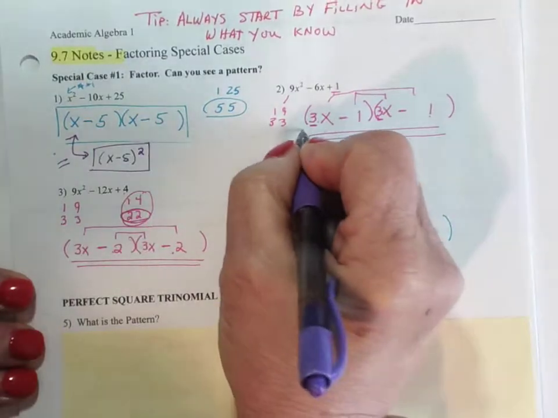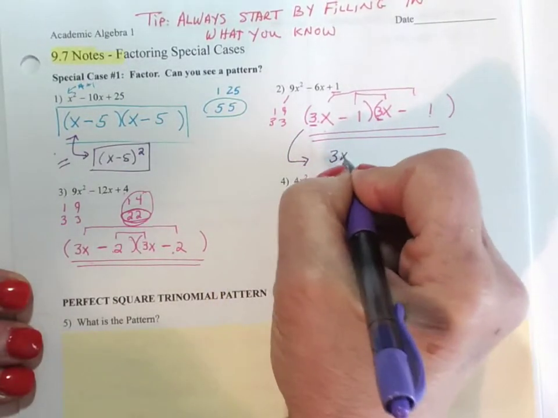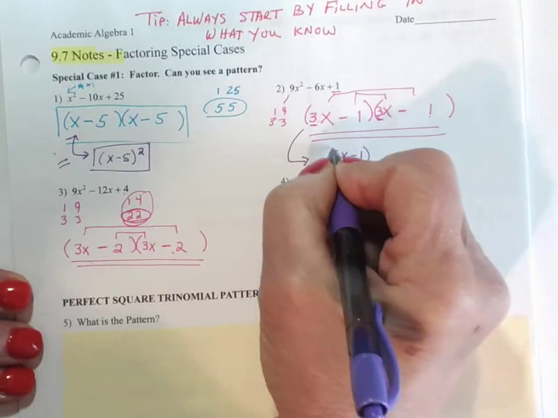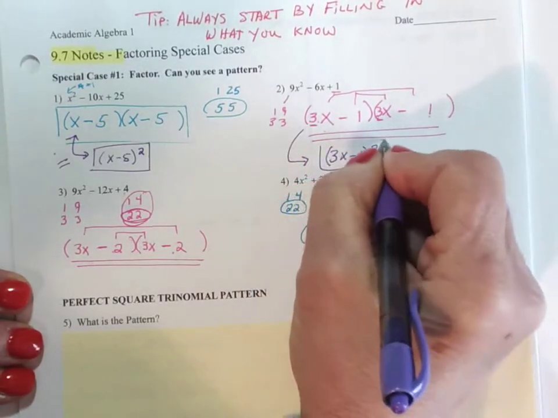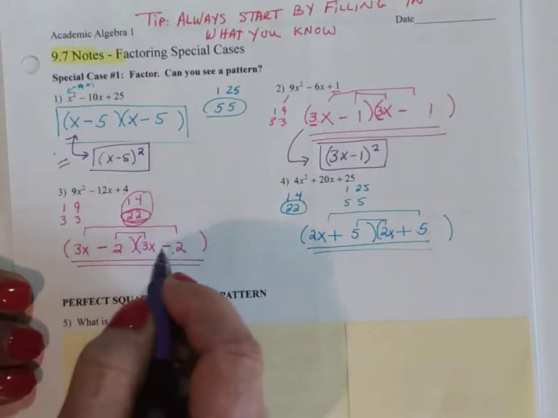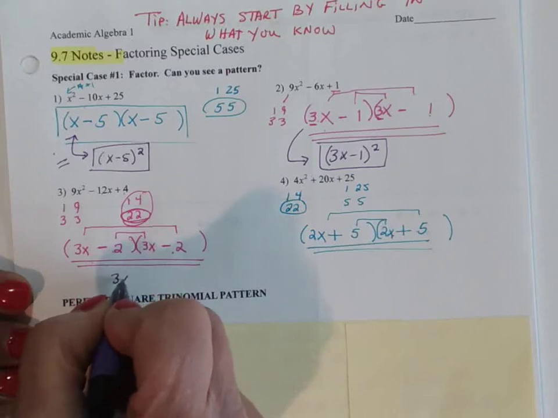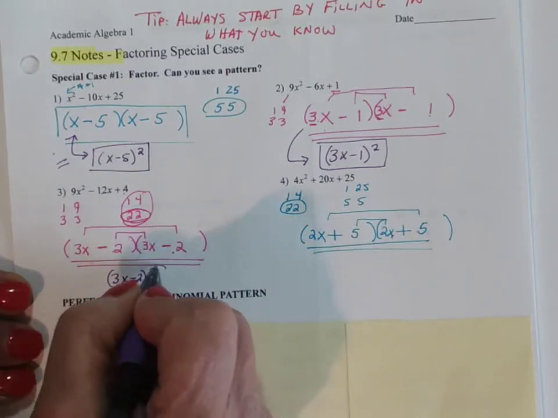And I can rewrite this 3x minus 1. I've got 2 of them squared. All right, here I can write 3x minus 2 squared.